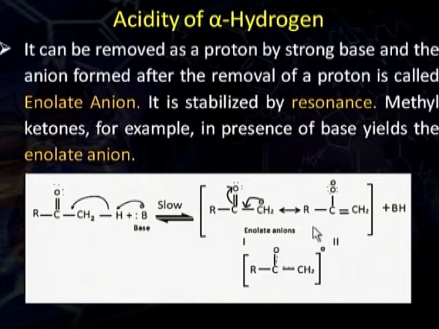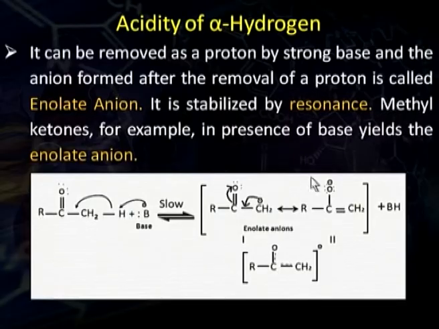Now, it is stabilized by two structures. Structure 1 is favored because of the carbon-oxygen double bond, since the energy of the carbon-oxygen double bond is 364 kilojoules as compared to the carbon-carbon double bond in structure 2, whose energy is 251 kilojoules.